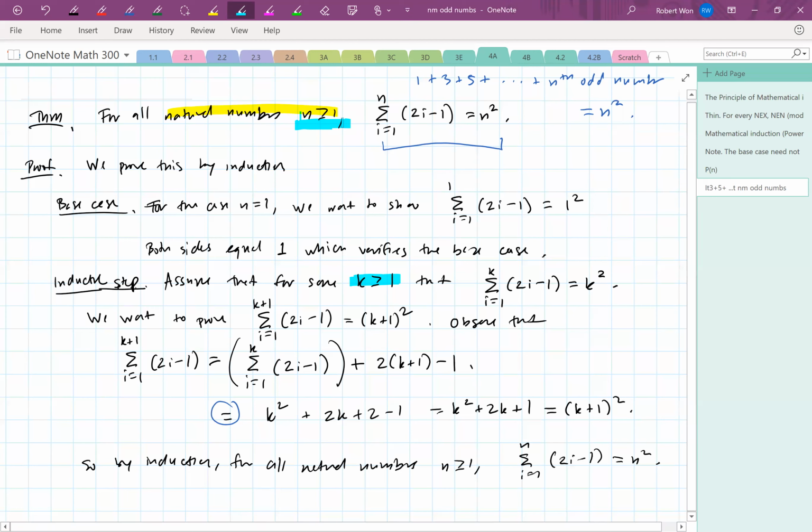In the inductive step, I'm choosing a particular k and saying if the kth case holds, then the k plus first case holds. So it is always best practice to not use the same variable here, this k, as you used here, the n, because they're playing different roles in the proof. The n is like every natural number n. The k is like, I'm going to focus on a specific k, assume that it's true for that specific k, and then prove that it's true for the specific k plus 1.